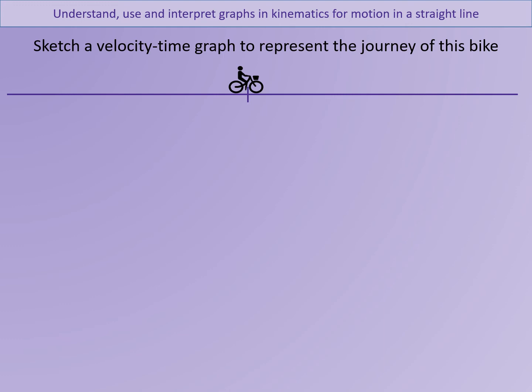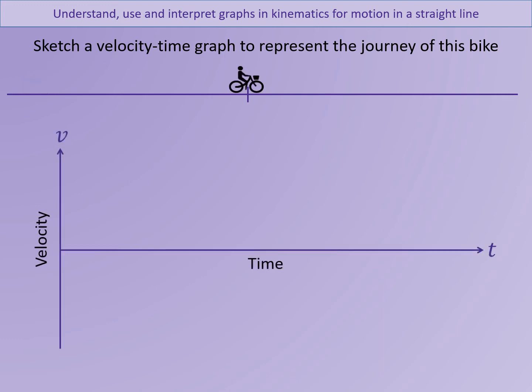Now consider this journey. Remember that you are considering the velocity here. You may want to pause the slide and try to sketch the velocity time graph first. And here is the same journey with a velocity time graph.